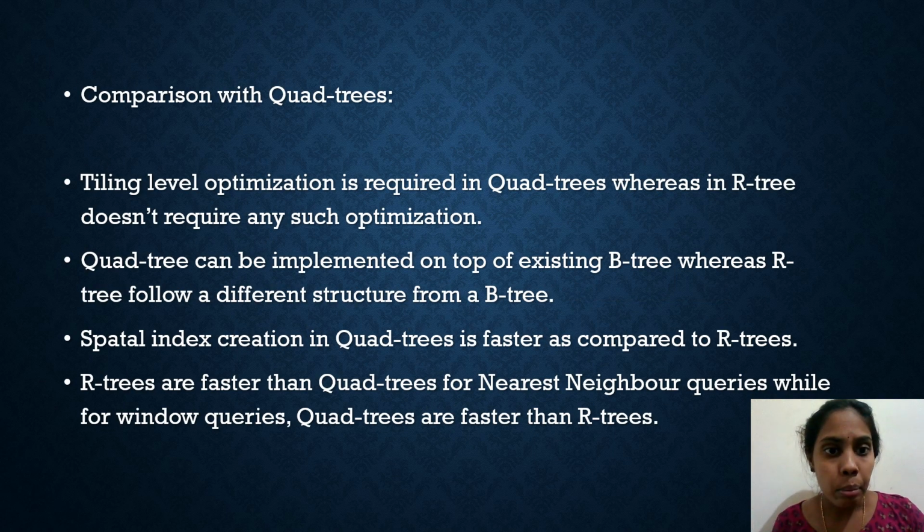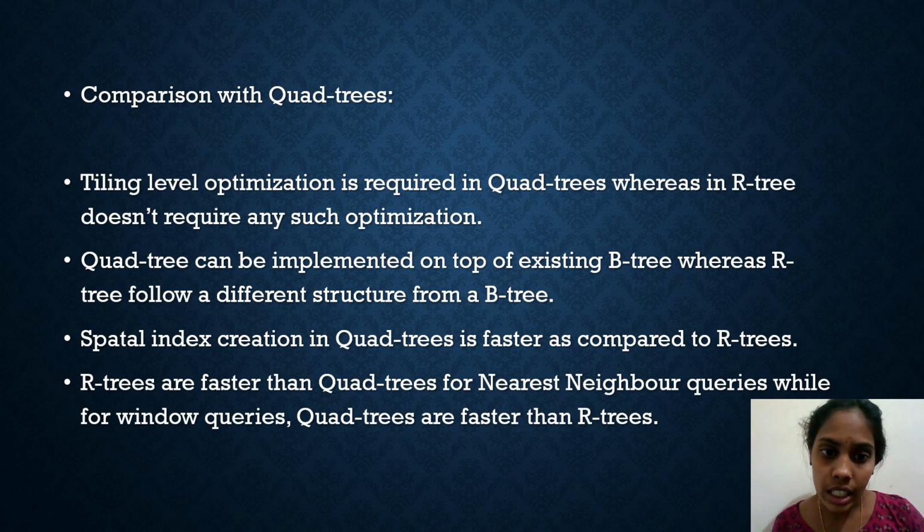Comparison with quad trees: tiling level optimization is required in quad trees, whereas R trees don't require any such optimization. Quad trees can be implemented on top of existing B trees, whereas R trees follow a different structure from a B tree.